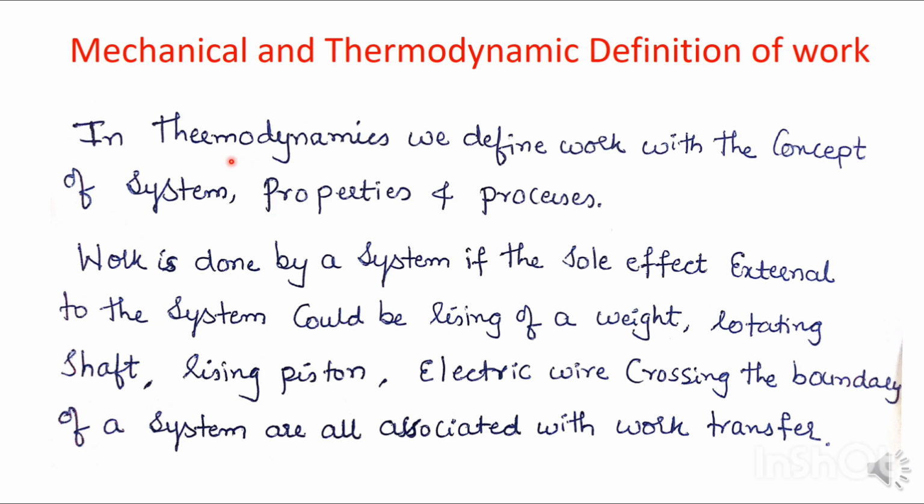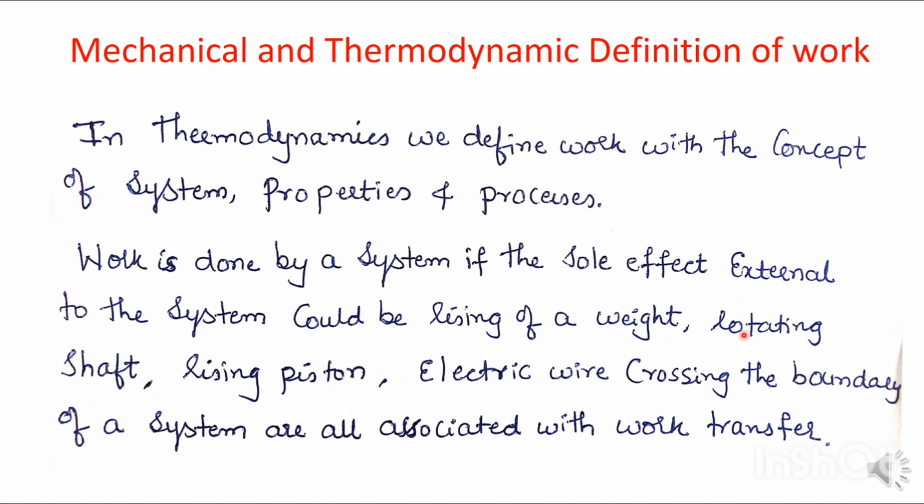In thermodynamics, we define work with the concept of system, properties and processes. Work is done by a system if the sole effect external to the system could be the rising of a weight.